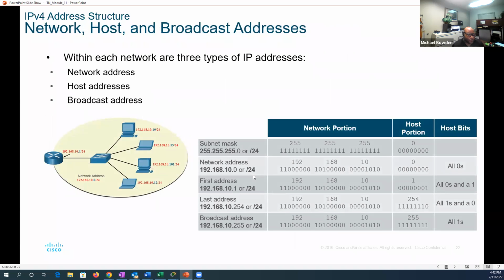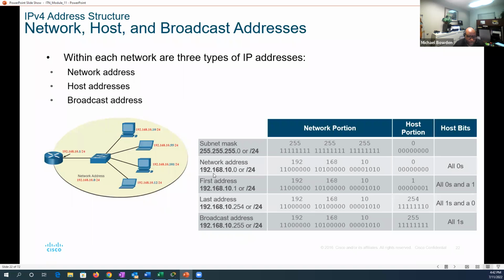Then we go into further breaking down that network address. Within a network, you have your network address, your host addresses, and also your broadcast address. Your network address is the edge of the basket, then your host addresses, and then a special address for your broadcast.